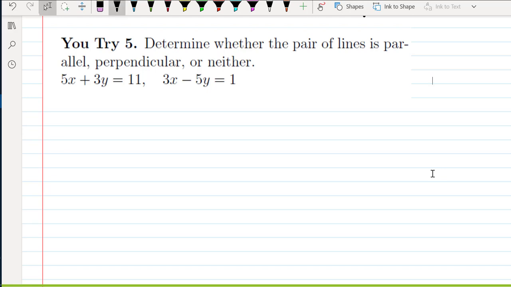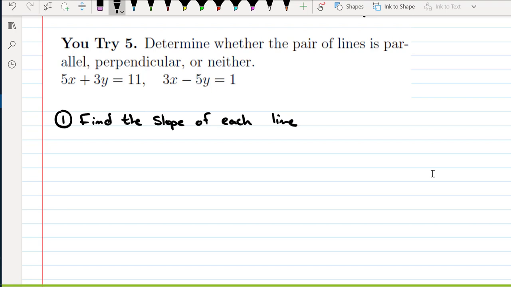So to go ahead and get started on this, the first thing we need to do is find the slope of each line. So once again, the lines are in standard form, so we need to solve for y.